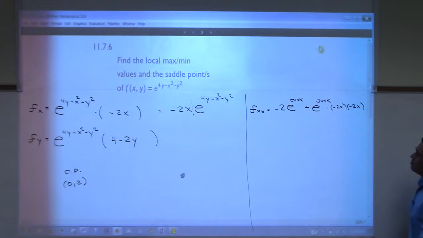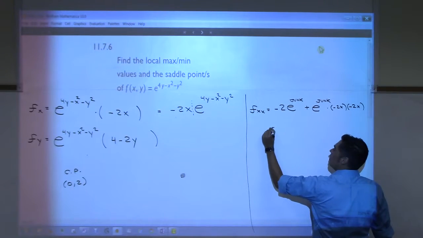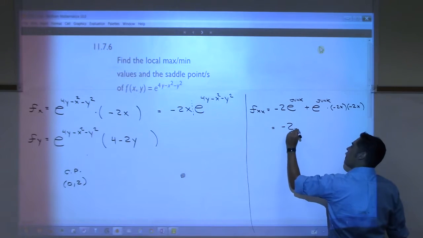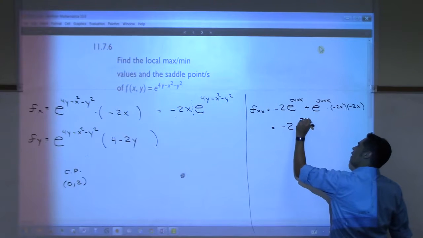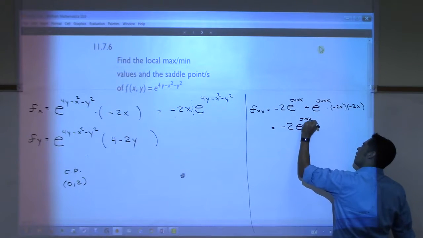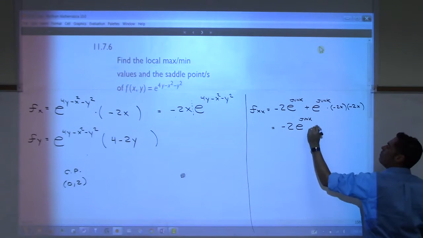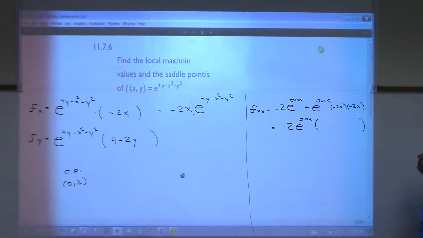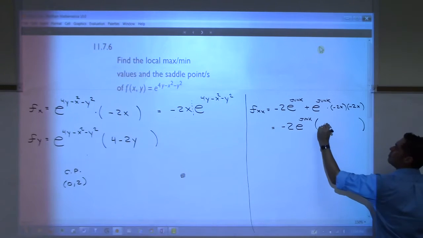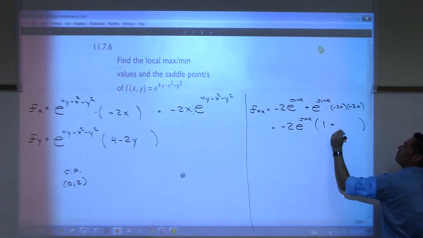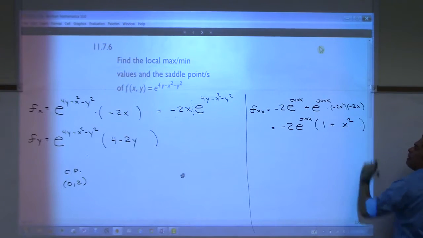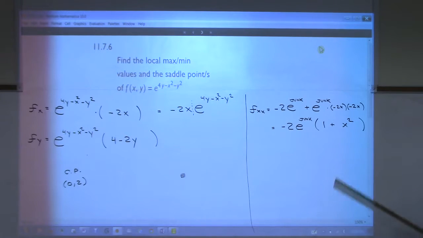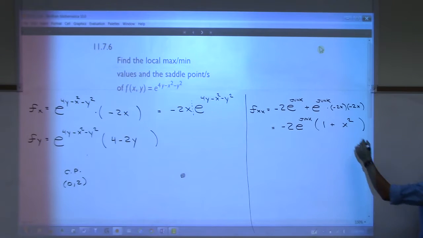And now I'm going to factor out a negative 2 e to the junk, which is in both of these. And what would that leave me? 1 plus x squared. Well, no, sorry, this is a 2.